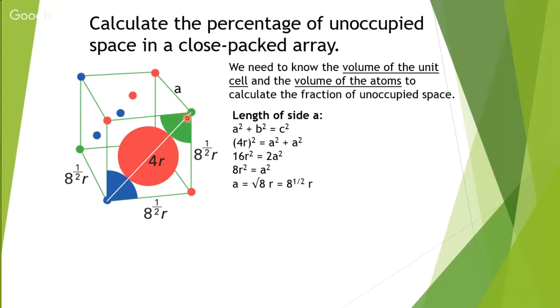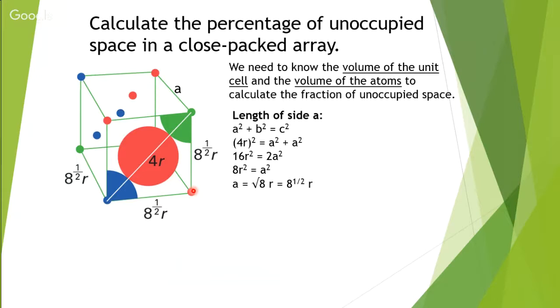And then we have the radius of this green atom over here. So for our purposes, they're essentially the same, the same type of atom. So we can calculate then the length of the side if we didn't already know the length of the side.